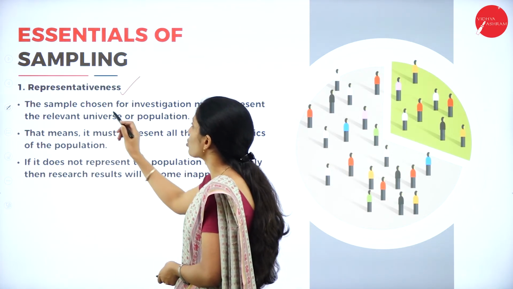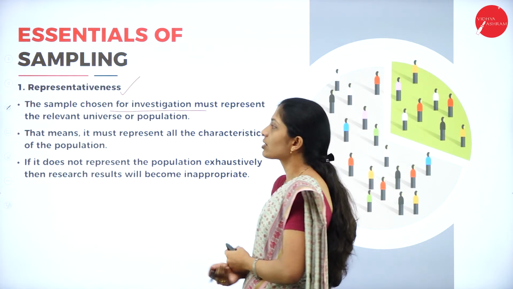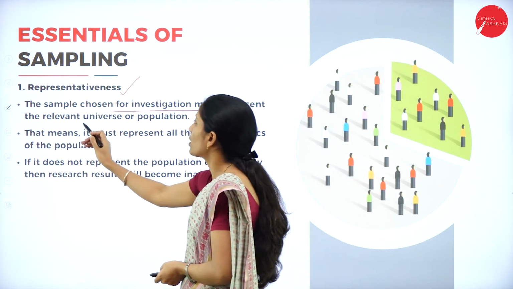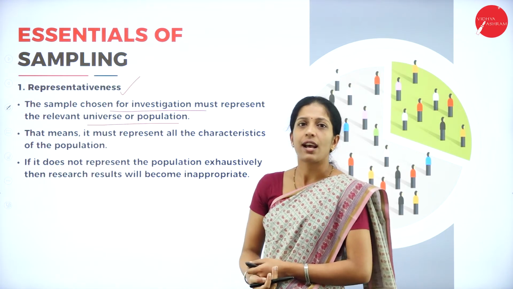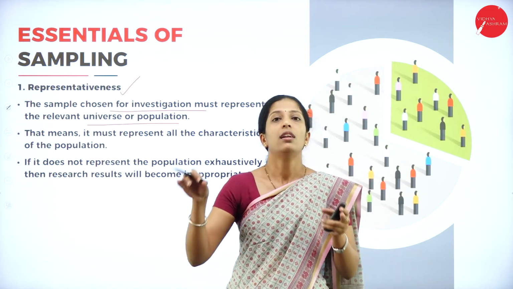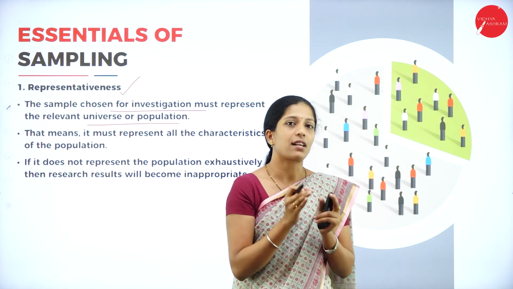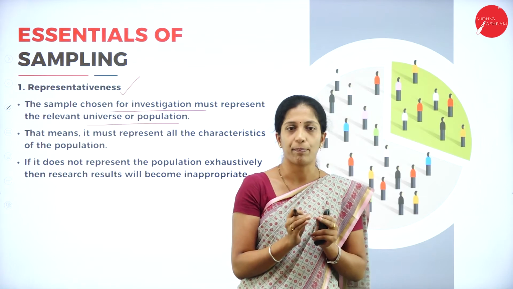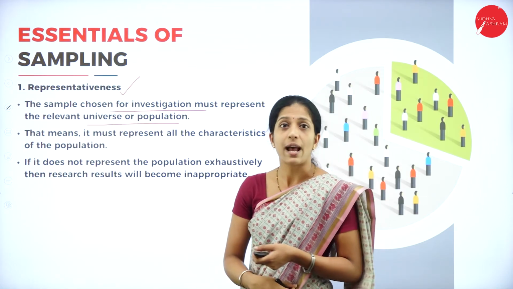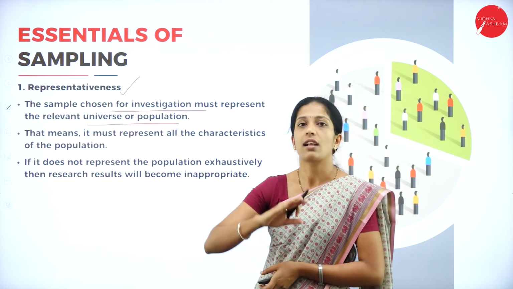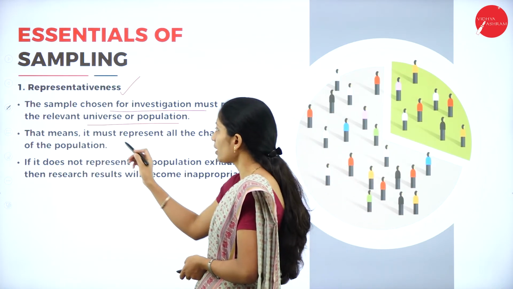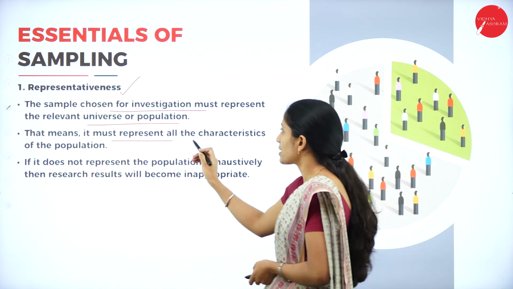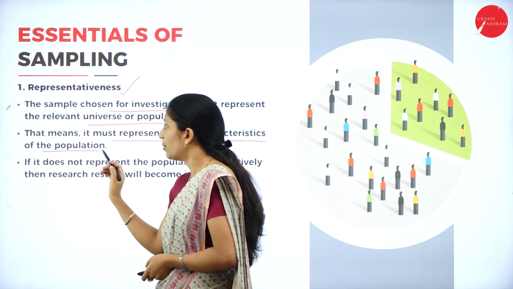The sample chosen for the investigation must represent the relevant universe or population. I have already told you, the whole population can be represented through that small sample. That means it must represent all the characteristics of the population.